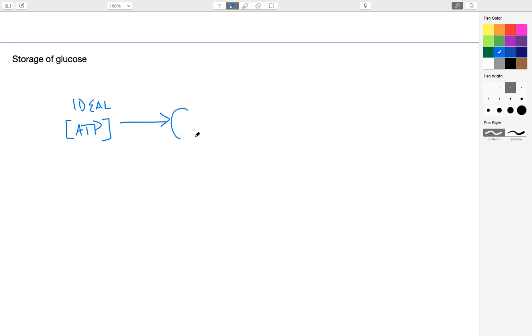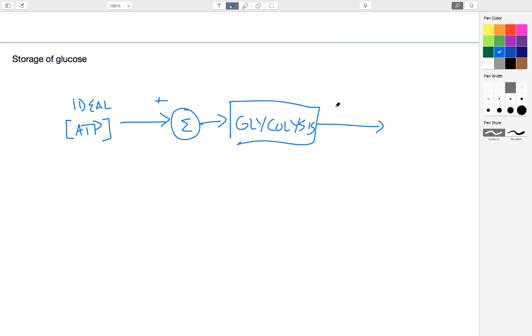And then there's a feedback loop within the body, within the cell, within glycolysis, that essentially senses ATP concentration. So we have our actual ATP concentration. This is the concentration that's present inside the cell. And we have some set point ATP concentration, an ideal concentration that we would like to maintain.